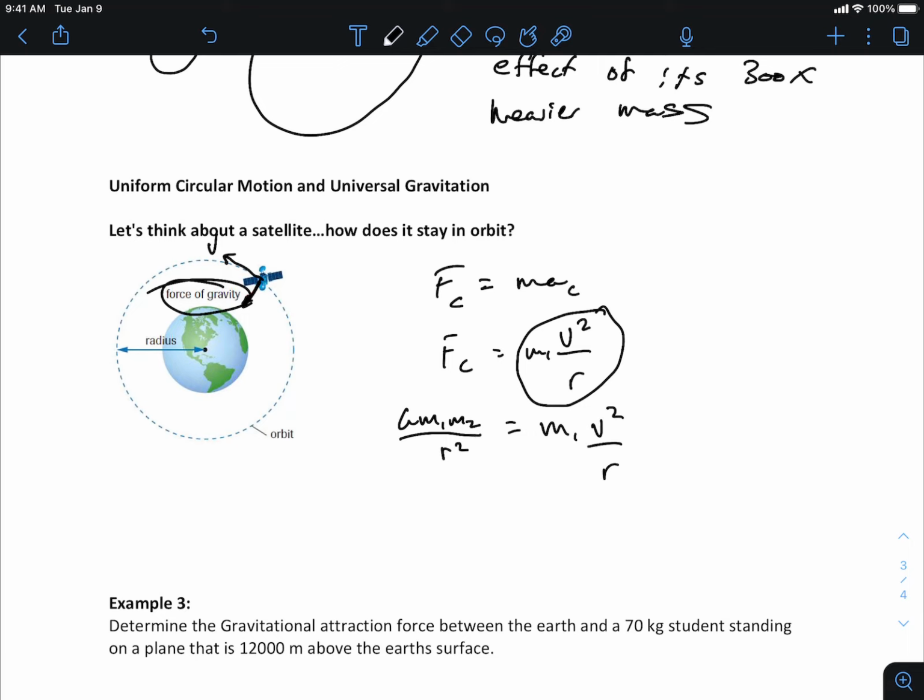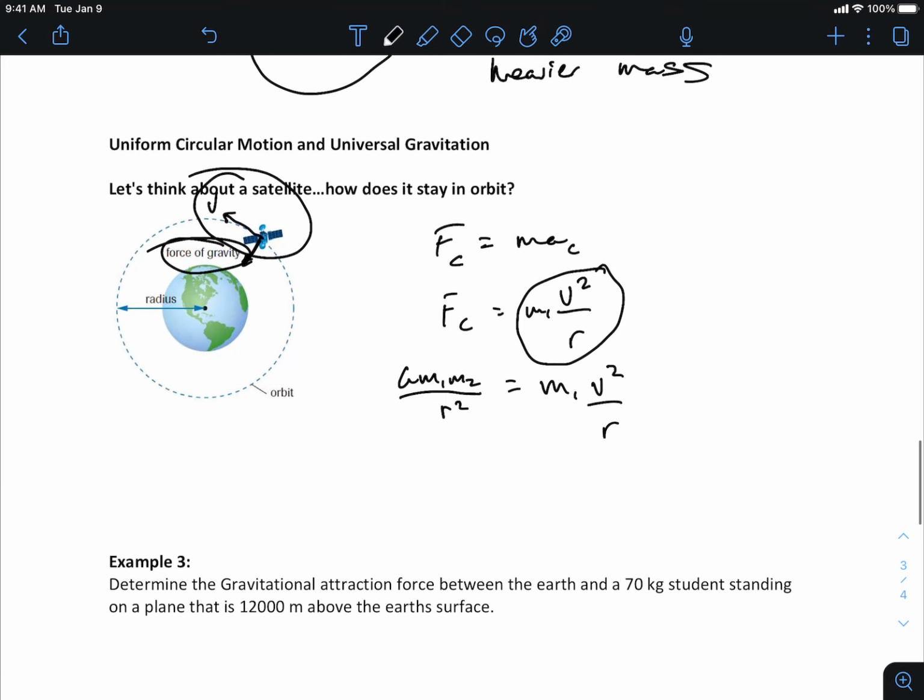Okay, what ends up happening if I try to solve for, well, our question is, how fast is this thing moving? Or how does it stay in orbit? We need a certain velocity. So that's our point of interest: I want to solve for what this velocity is. Well, the m1s are going to cancel.